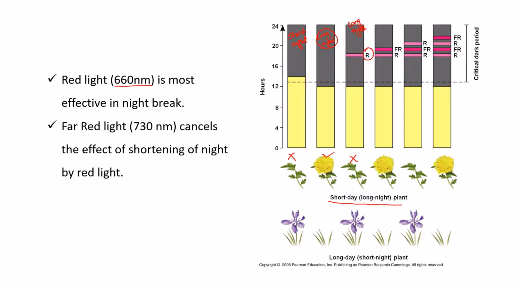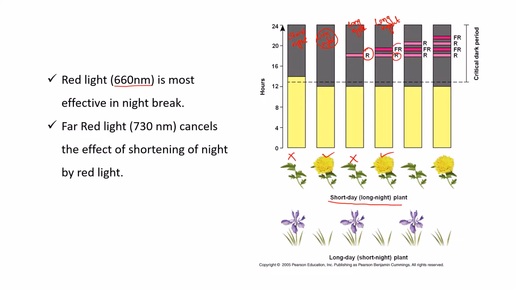Next, here also it is a long night, but here you can see flowering. How is it? Here red light is given, but you can see flowering. Because far red light of 730 nanometer cancels the effect of shortening of night by red light.